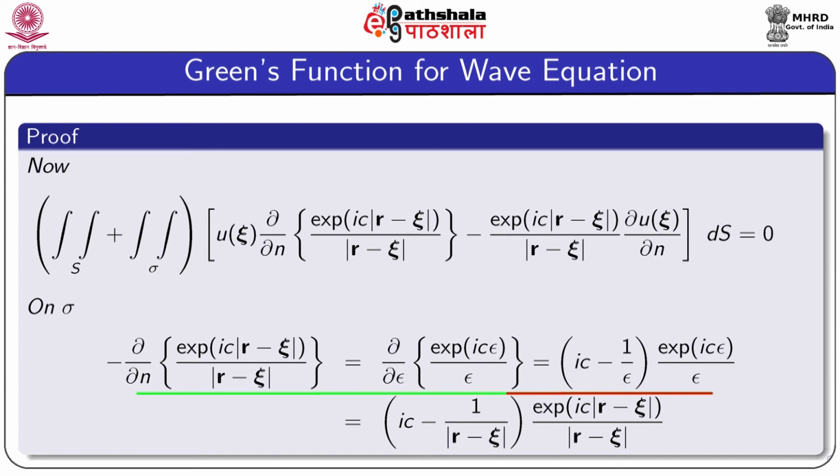If we compute this, its value is i c minus 1 by epsilon into e to the power i c epsilon by epsilon. This epsilon is nothing but mod of r minus xi. So, it becomes finally i c minus 1 by mod r minus xi into e to the power i c mod r minus xi by mod r minus xi.